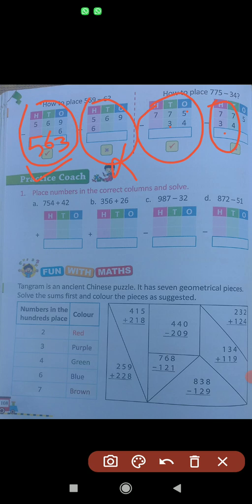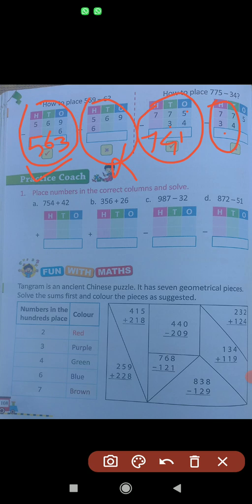Now subtract the 1st place. 5 minus 4 is equal to 1 and 7 minus 3 is equal to 4 and 7 as it is in the 100 place, okay? The answer is 741. 775 is the minuend, 34 is the subtrahend, and 741 is the difference between 775 and 34.